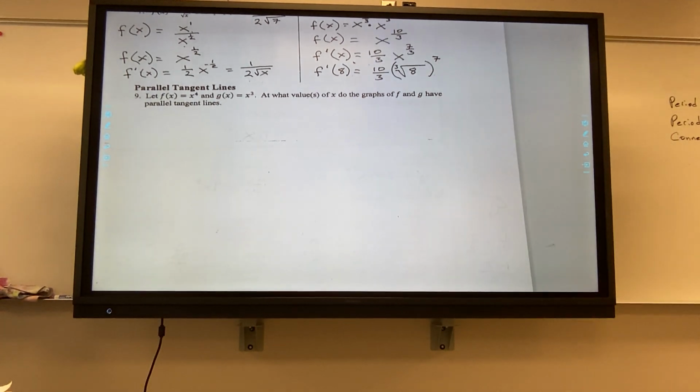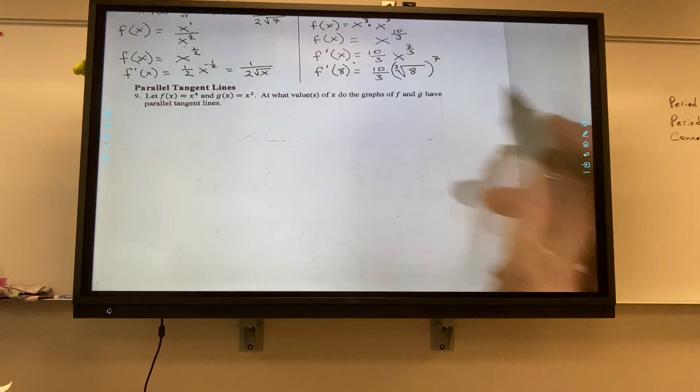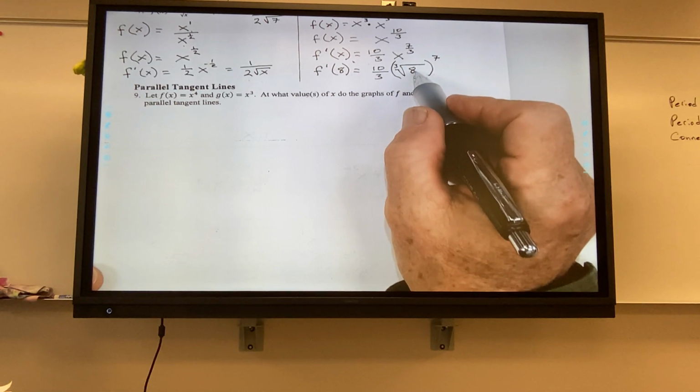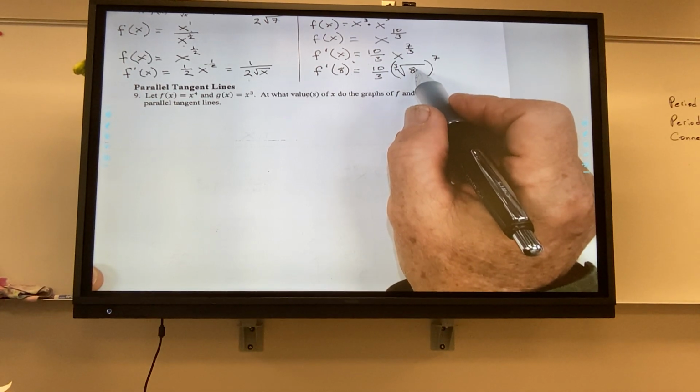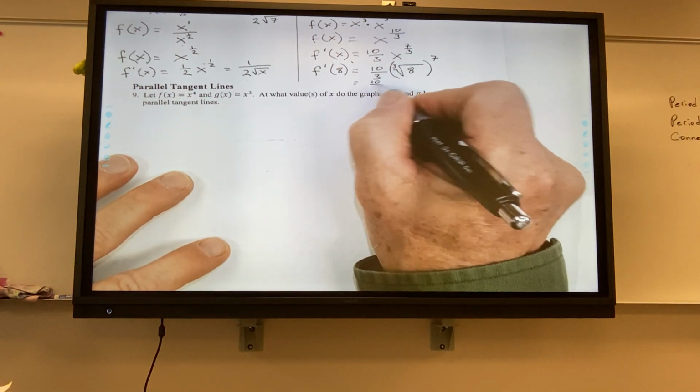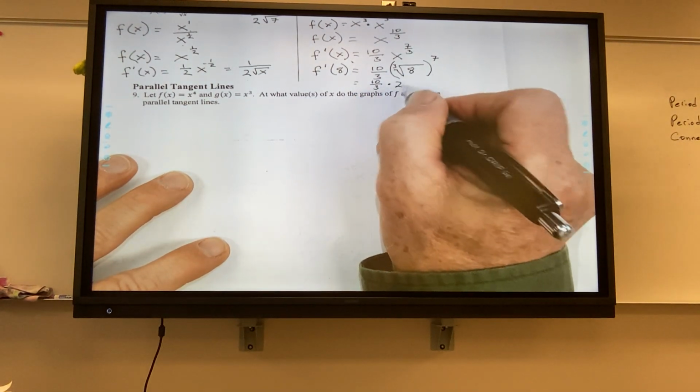But I can tell you what the cube root is, because cube is like, it's a 3. So it's got to be in my realm of favoritism, right? So I know what number times itself 3 times gives you 8. What is that? 2. So this is going to be 10/3 times 2 to the 7th.